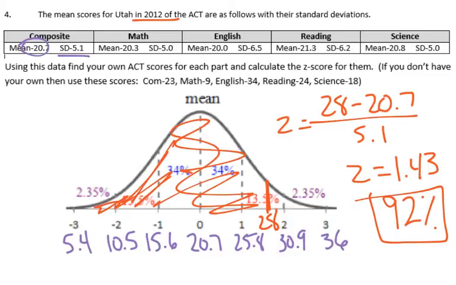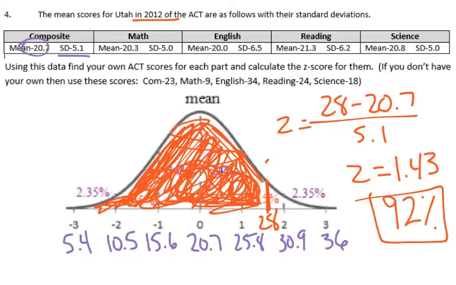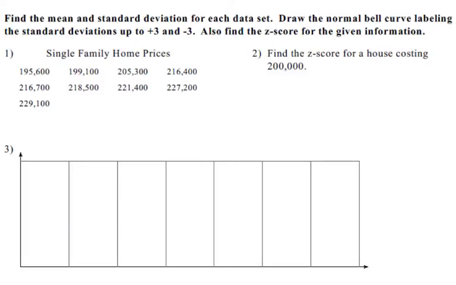That fills up all this other area. That's what the z-score is talking about. It's the area under that curve. So if we took all the people that took the ACT in this year, they would all fit in this little area with you standing right here. So that's essentially what we're going to be doing, just the same process.